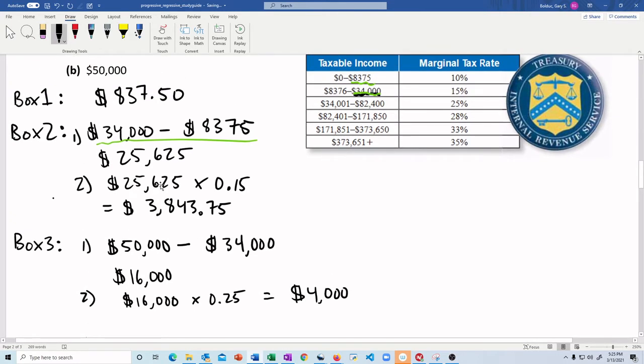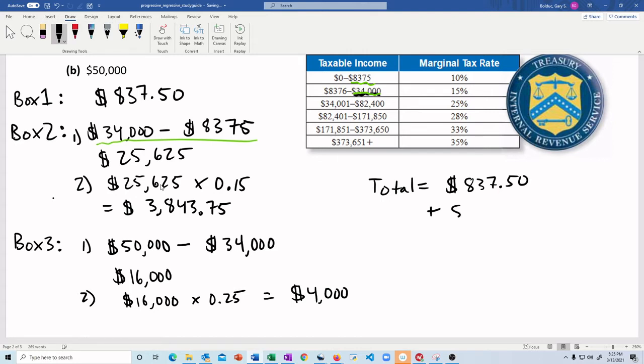Well, we hit the last box because we can't fill it up anymore, so we stop, and over here under the total we say, what was the first one? $837.50 plus, what was the second box? We paid $3,843.75 plus, and then in the fourth box we paid $4,000. And then we just add all these numbers together to figure out what we pay in total.